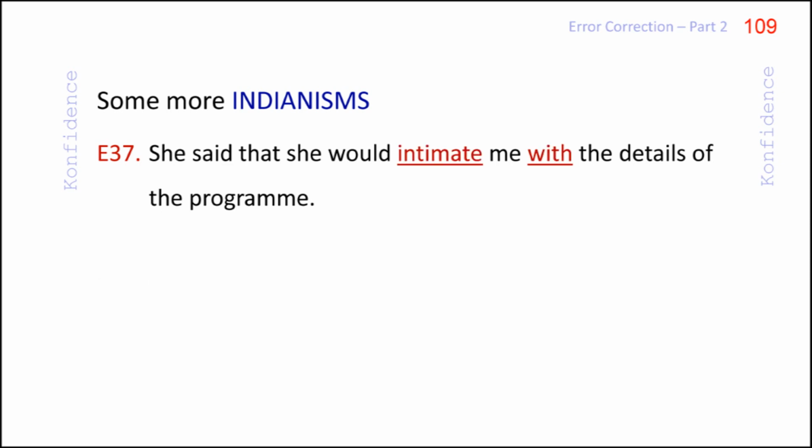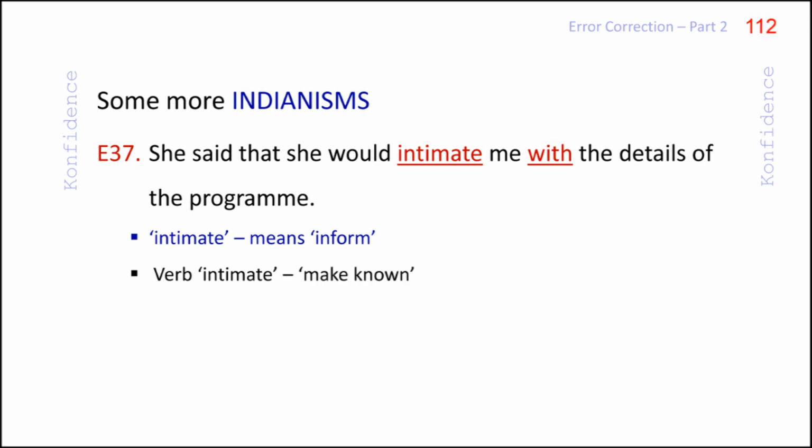In example 37, the word intimate is used to express the meaning inform. As a verb, intimate means make known. So there is no mistake in using that word here. But intimate is an informal word. It's not used on formal occasions.